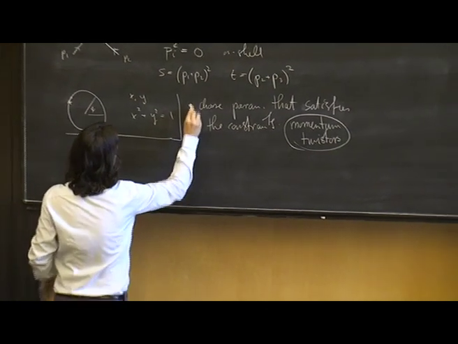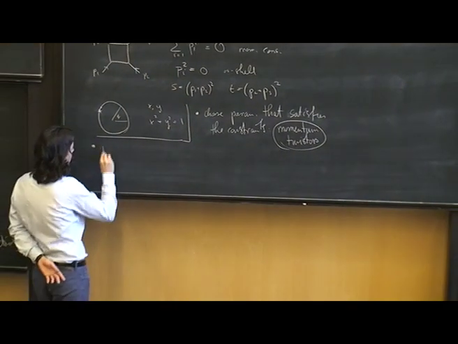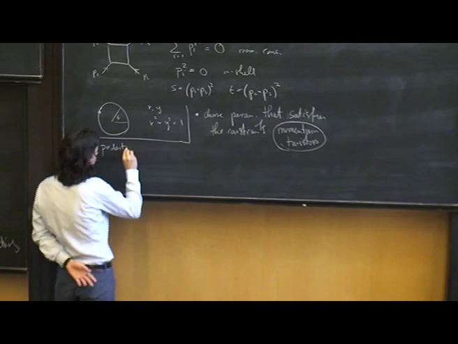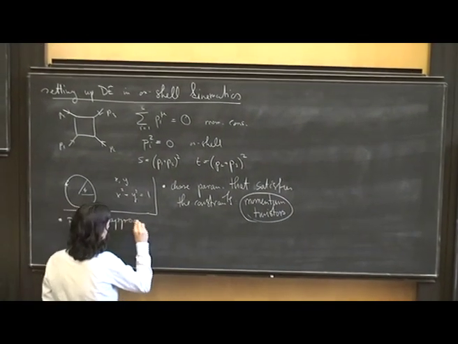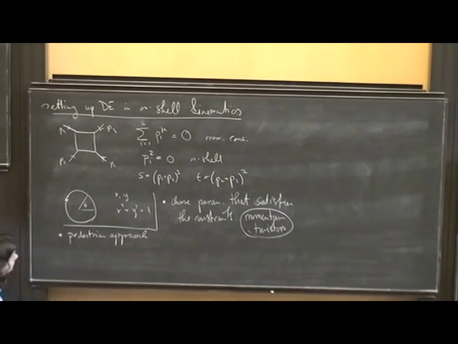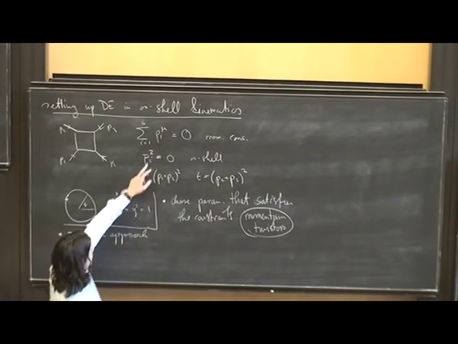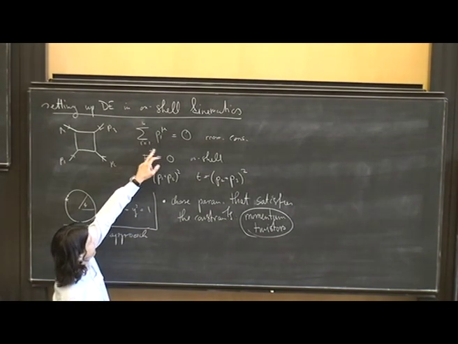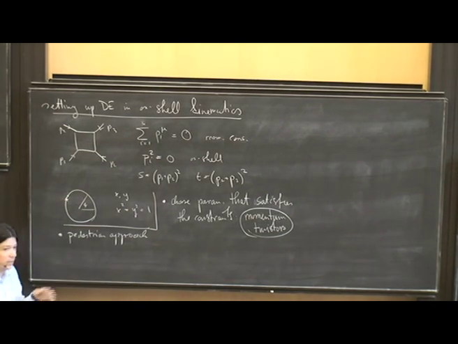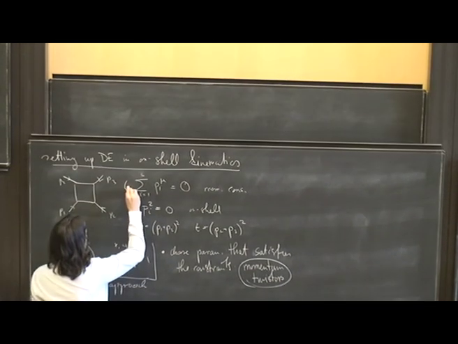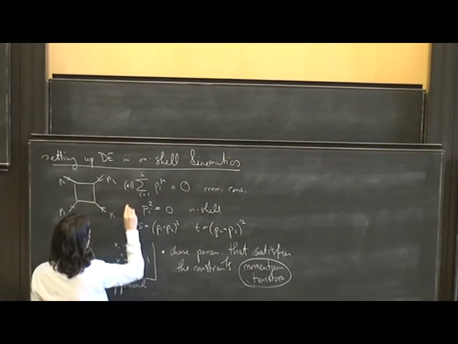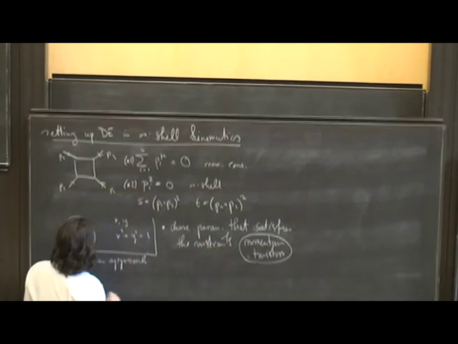So instead, a second possibility is to choose a more pedestrian approach. Well, let's in fact first try to satisfy the first constraint. Let's just use that to eliminate P4. So let me call these 1, 2.